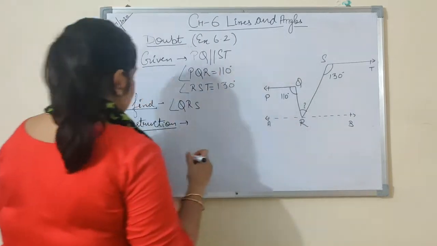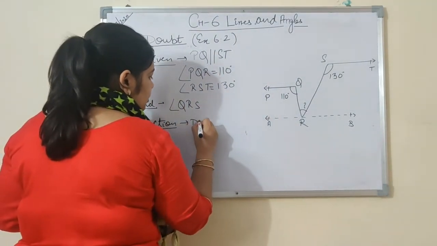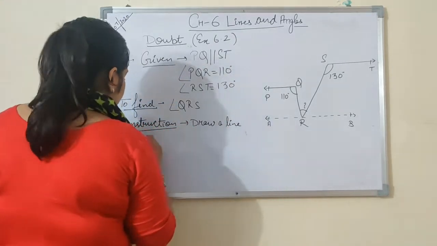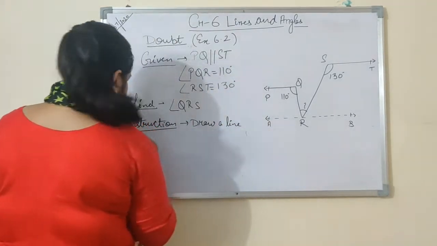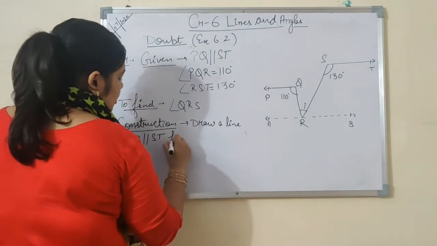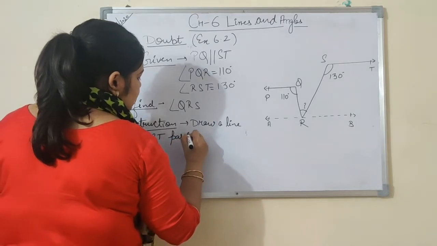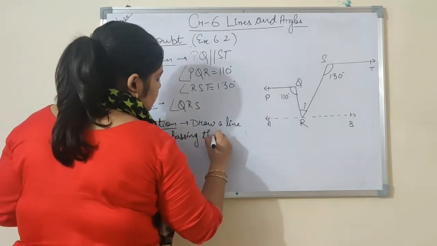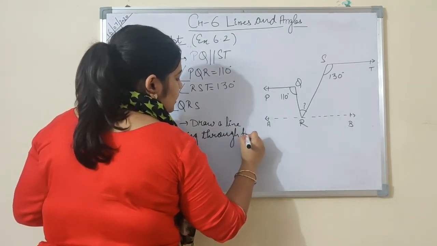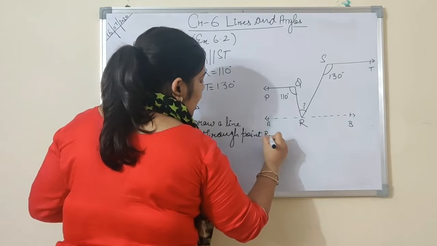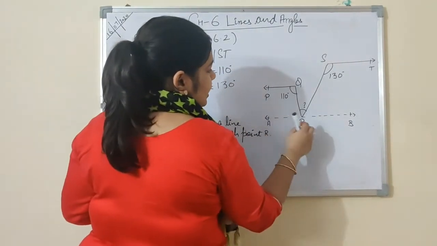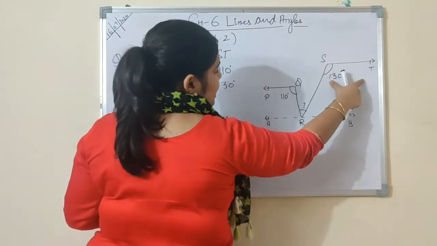I am writing here: draw a line AB parallel to ST passing through point R. Is this clear? Now you can see that I have taken AB parallel to ST.